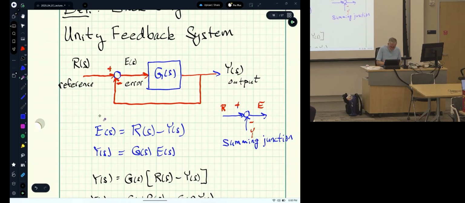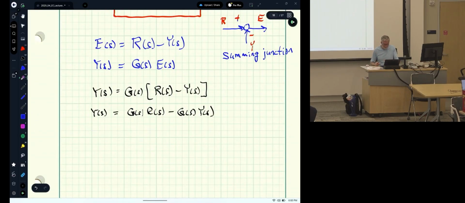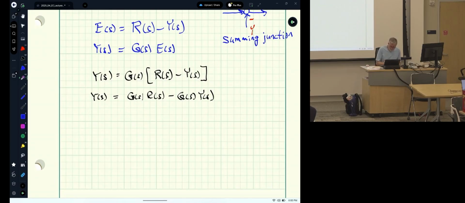There's something multiplying R of S to get to Y of S. I want to find the equivalent transfer function for that. That's what I'm going to do. So Y of S plus G of S times Y of S equals G of S times R of S.